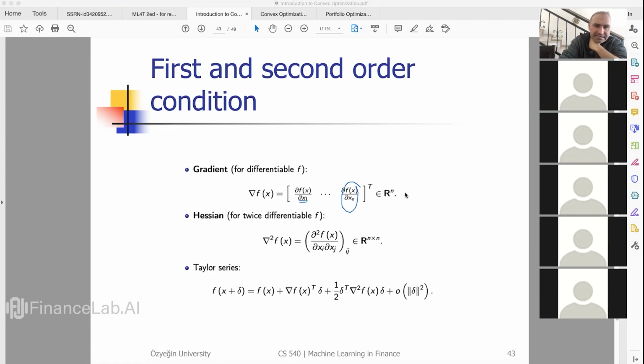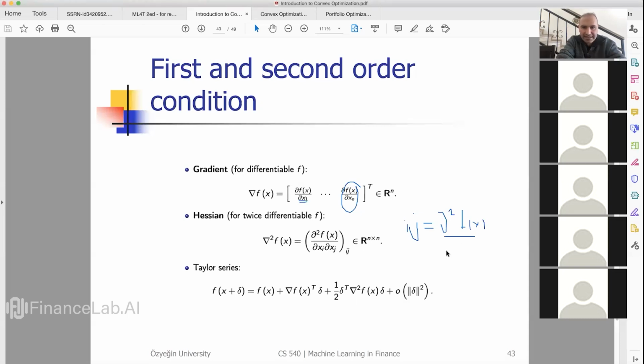Another thing is the Hessian matrix. The Hessian belongs to R^(n×n), which is the space of matrices. For each ij entry, it's the second derivative of f(x) with respect to xi and with respect to xj.